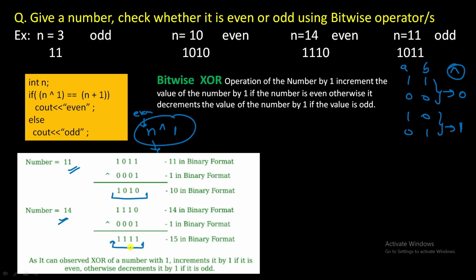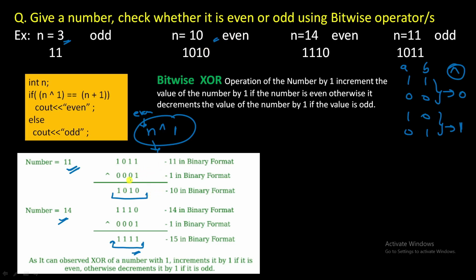It will be increased by 1. So basically it was 14, now the resultant number becomes 15. In the case of the odd number, the number was 11, but after applying the operation, I got 10. The number got decremented. This will be the same even for 3 also, even for 10 also, or any even and odd number. You can check by yourself also.